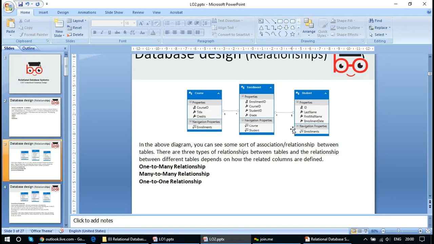And again, many enrollments are done by one student. And when it comes to many courses, many courses can be enrolled by many students, or many students can enroll in many courses.